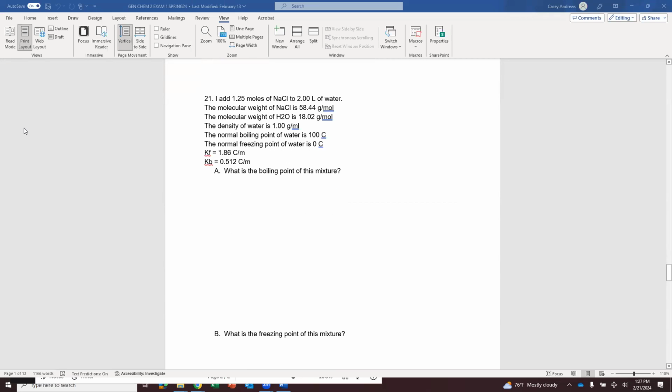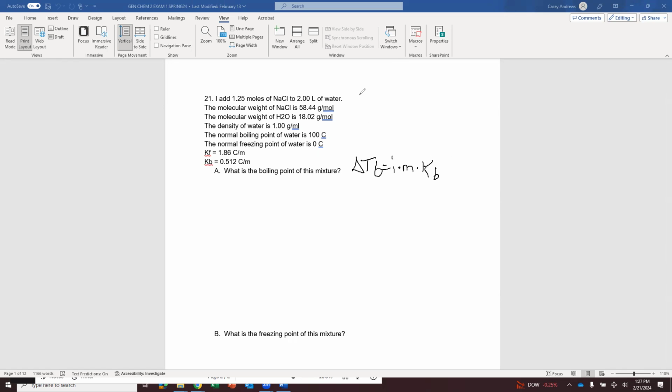Now comes our short answer questions. So here we are doing freezing point and boiling point changes. So our equation for boiling point, delta TB equals i times molality times Kb. And we have the same thing for freezing point, except we use Kf.